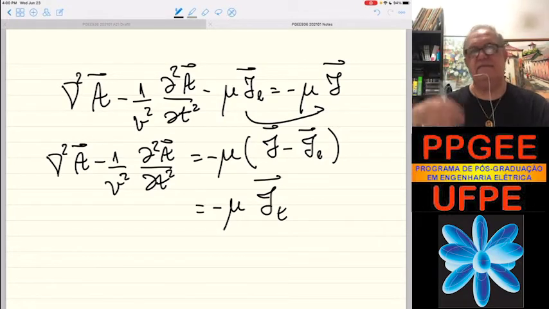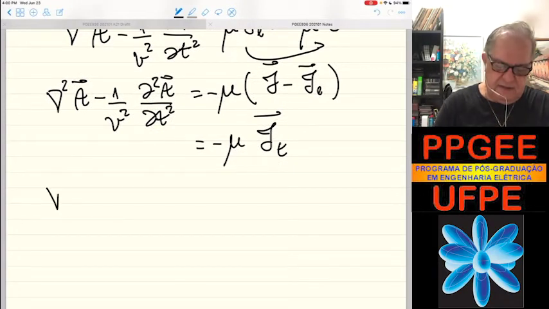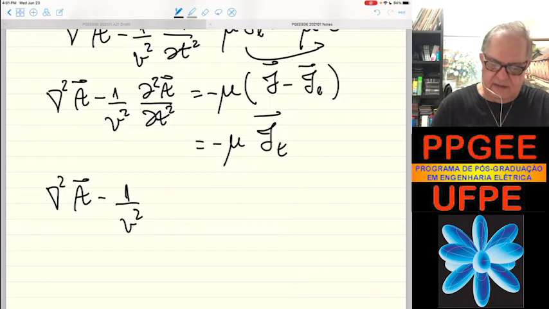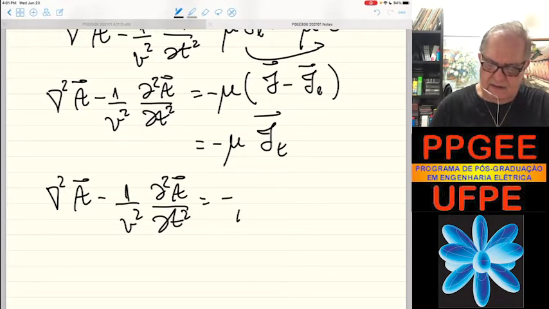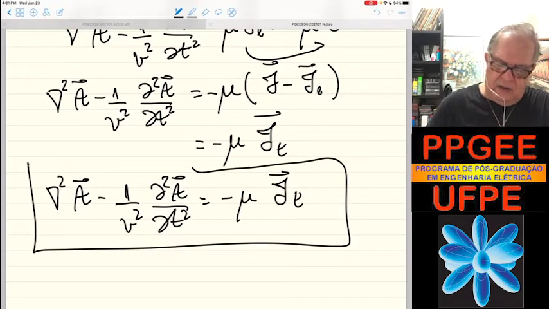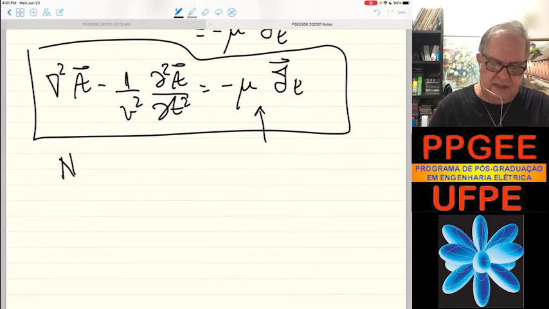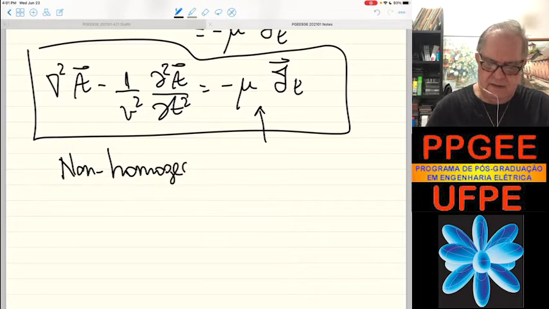Now, formally, let's say, the coupled equation is this equation here. So that's a non-homogeneous wave equation.